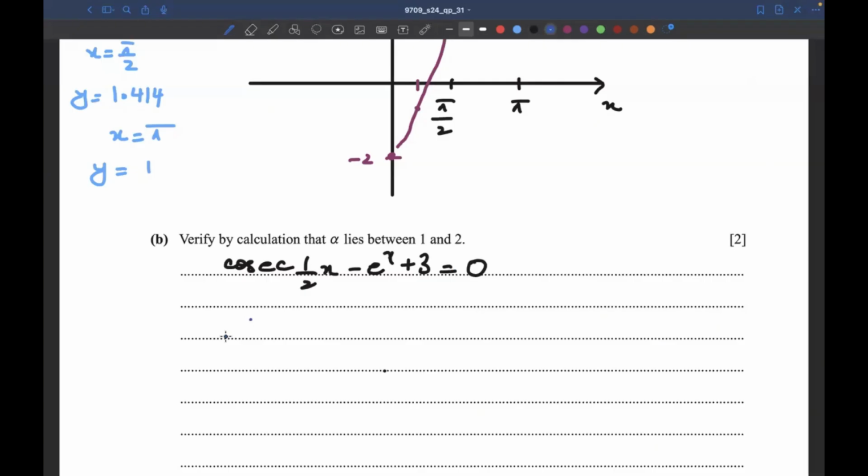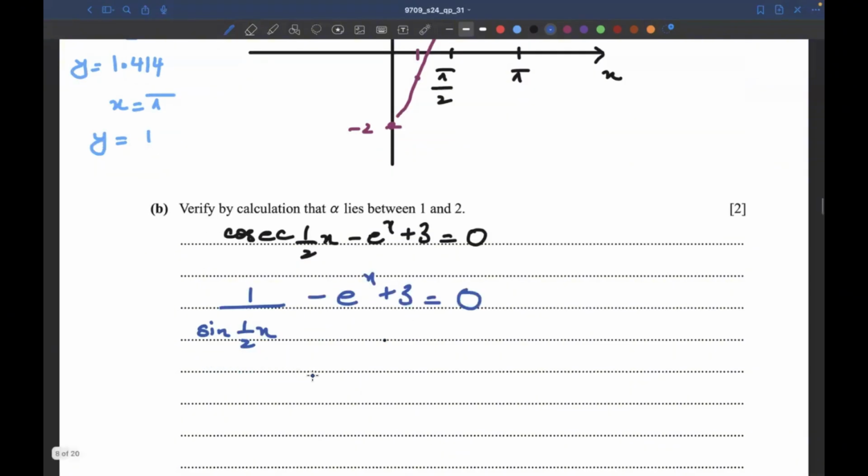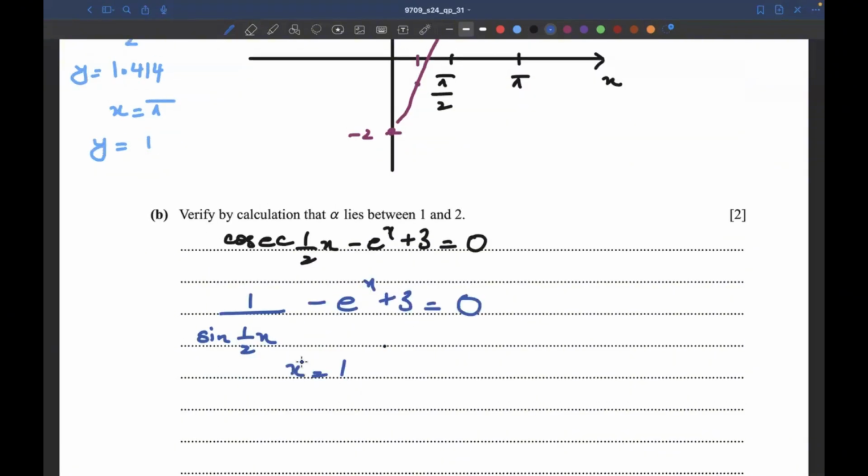So we write this as 1 upon sine of half x minus e power x plus 3, and now substituting x equals 1 into the equation, 1 divided by sine of 0.5 and then minus e to the power of 1 plus 3.